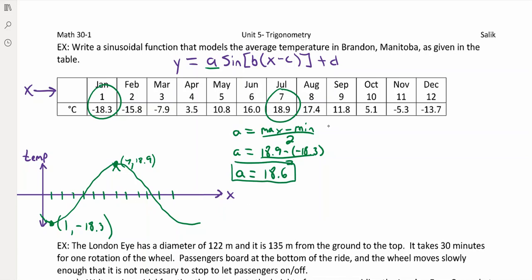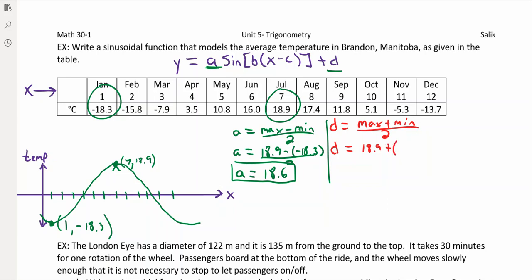Usually it's easier to find your A and your D at the same time. They're similar, right? The equations almost look the same. So our D value is going to be our max plus the min divided by 2. Sorry, I got that wrong, not minus, plus your minimum.